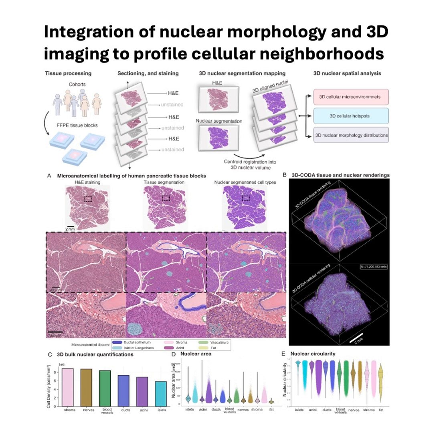So you could see what's right next to a cell versus what's in its slightly wider neighborhood and how that composition changes. Precisely. And it revealed how the composition of that cellular neighborhood shifts depending on the scale you look at. For instance, if you looked at a small sphere around a nucleus in a dense acinar region, it would be mostly acinar cells. Makes sense. But if you took a nucleus near a rarer structure, like an islet or a nerve, the content within a small sphere might be dominated by that structure.